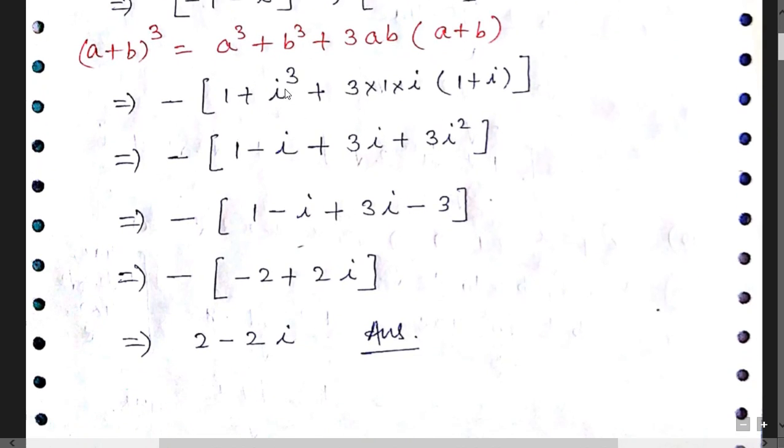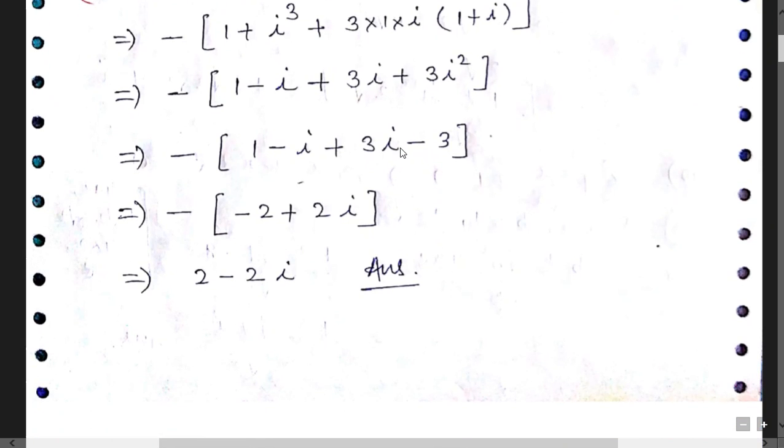The second value iota cube can be written as minus iota because iota square is minus 1, plus 3 iota into 1, it can be written as 3 iota. 3 iota into iota, it can be written as 3 iota square, and in place of iota square again I can write minus 1, it means minus 3 is there.